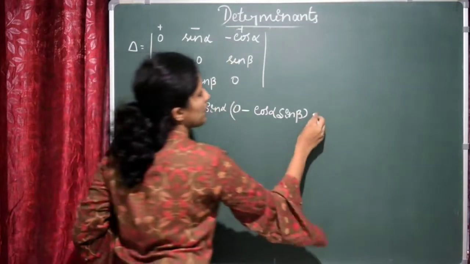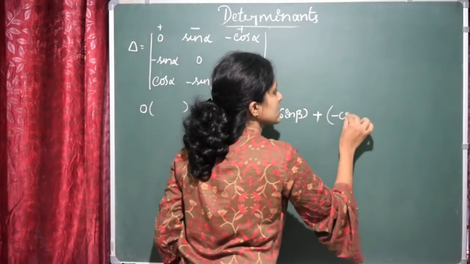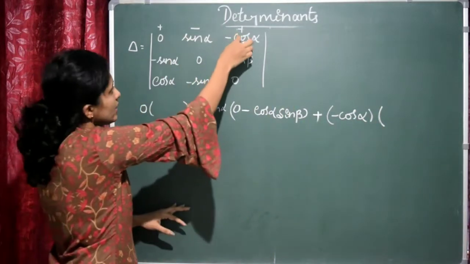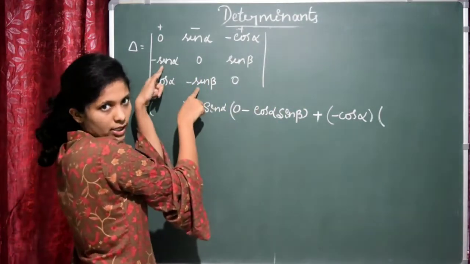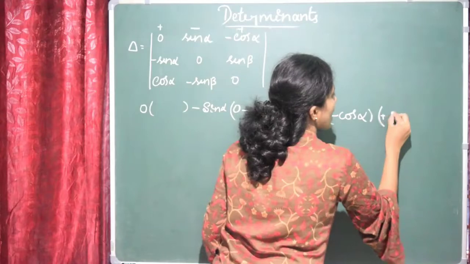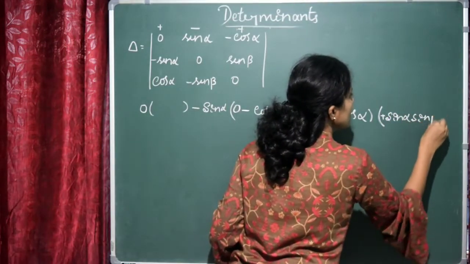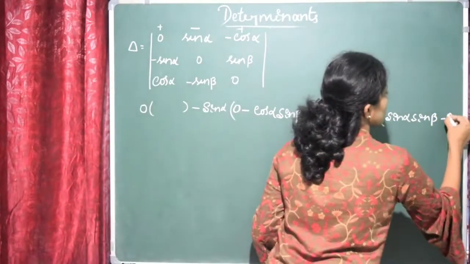Next one, plus, this is already minus, so I'll write this one as it is, minus cos alpha into, I have to delete the first row and the last column. So this will be now minus sine alpha minus sine beta, minus into minus will be plus sine alpha into sine beta, right? And this is 0 into cos alpha will be minus 0.